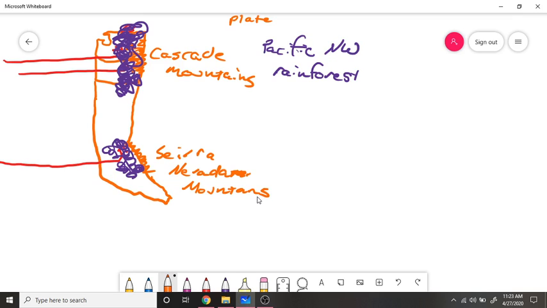On the leeward side of the mountains, where it is drier, we have our deserts of our southwest.